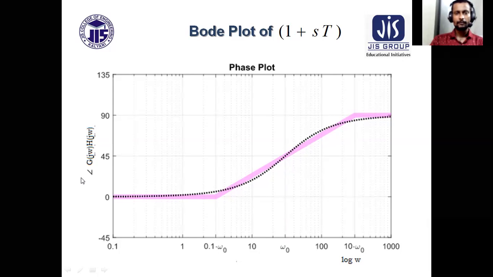Similarly, phase angle for 1 by 1 plus st term, that is simple pole term, will be 0 initially, minus 45 degree at corner frequency and minus 90 degree at very high frequency. For 0 term, 0 degree for very low frequency, 45 degree for corner frequency and 90 degree for very high frequency. So these are the Bode plots of simple pole and simple 0 terms.